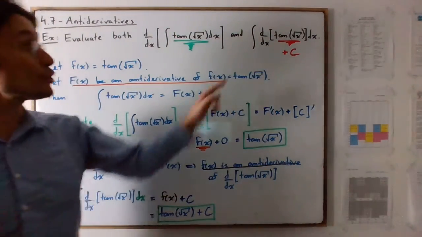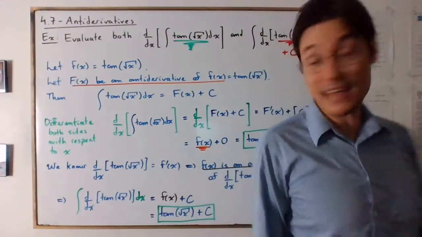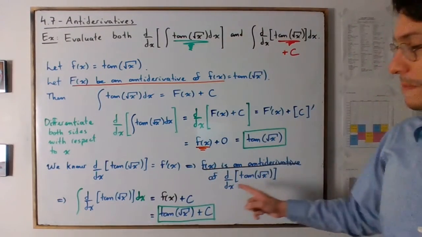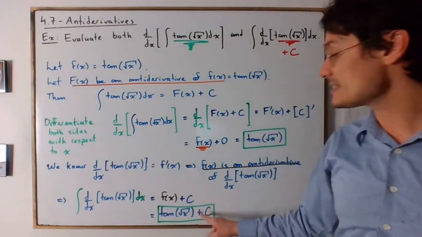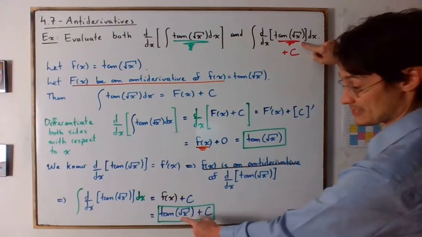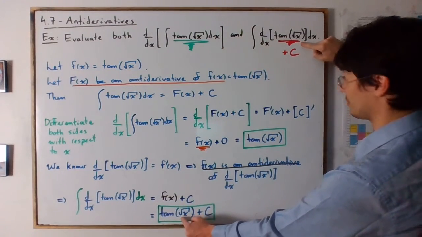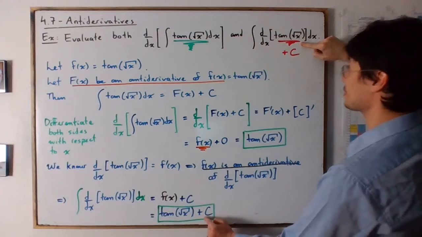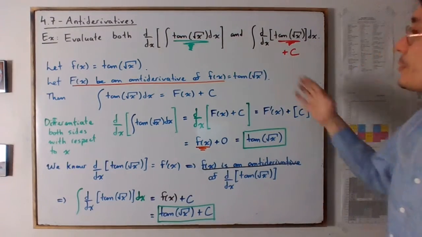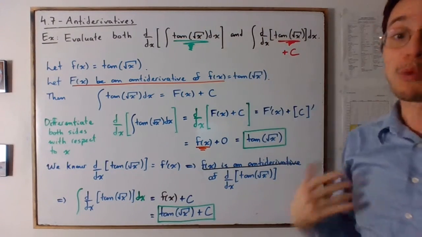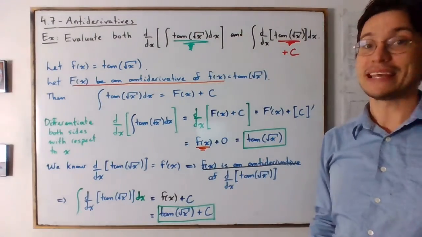However, if you do the reverse, if you first take the derivative and then integrate the result, then you will pop a plus c at the very end, right? You're going to have the same antiderivative, but then you're going to add the plus c. So that's how the cancellation laws work between derivatives and integrals.